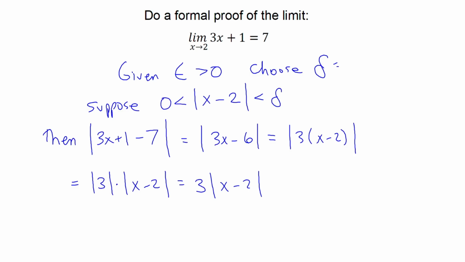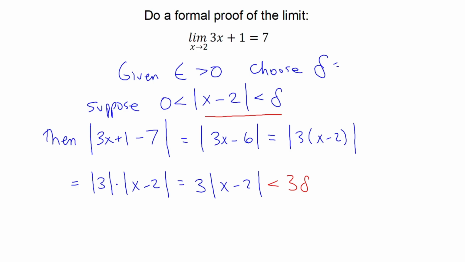Well, we already know that the absolute value of x minus 2 is less than delta. So 3 times the absolute value of x minus 2 must be less than 3 delta. And now we've pretty much completed the proof. We've gotten the absolute value of f of x minus L to be less than something that is written in terms of constants and delta.